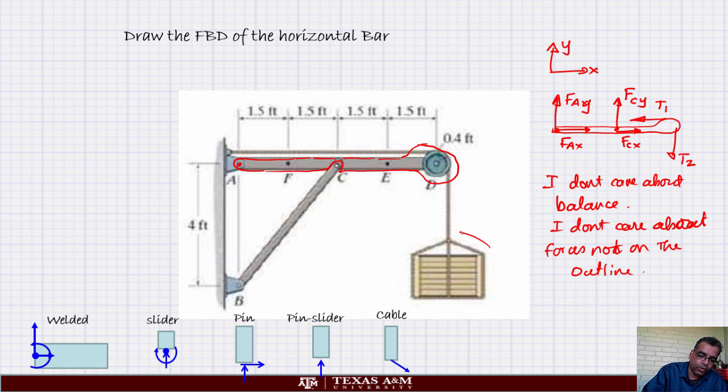What do I mean? I don't care about this one, because as far as the bar goes, the only thing it says is something is pulling on it. It doesn't know it's actually a big box. And I told you that the forces that we encounter are actually sense of touch, not sense of sight. So it doesn't actually see the other forces, it's just there.